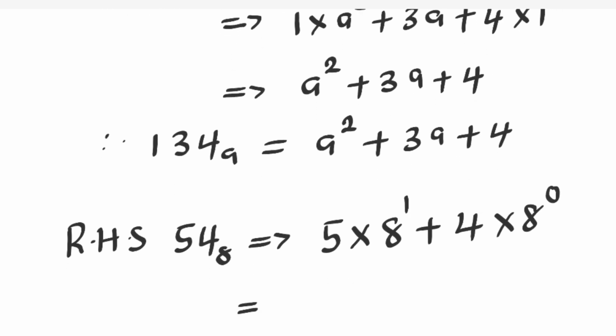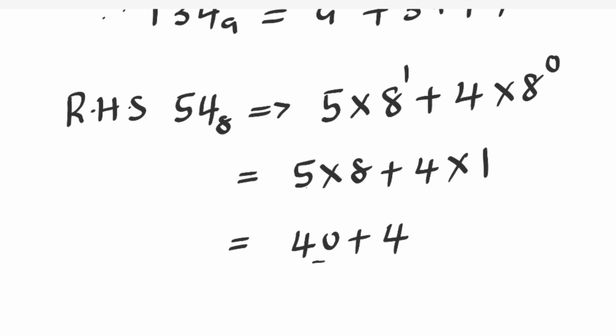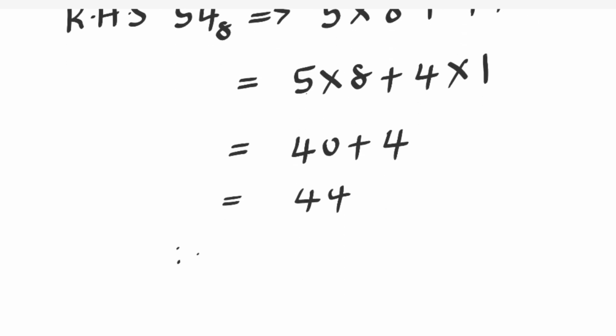This is equal to 5 multiplied by 8 raised to power 1, that is 8, plus 4 multiplied by 8 raised to power 0 is 1. Then we have 5 multiplied by 8, this is 40, plus 4 multiplied by 1, that is 4. Then 40 plus 4, that is 44. Therefore, 54 base 8 is equal to 44 in base 10.